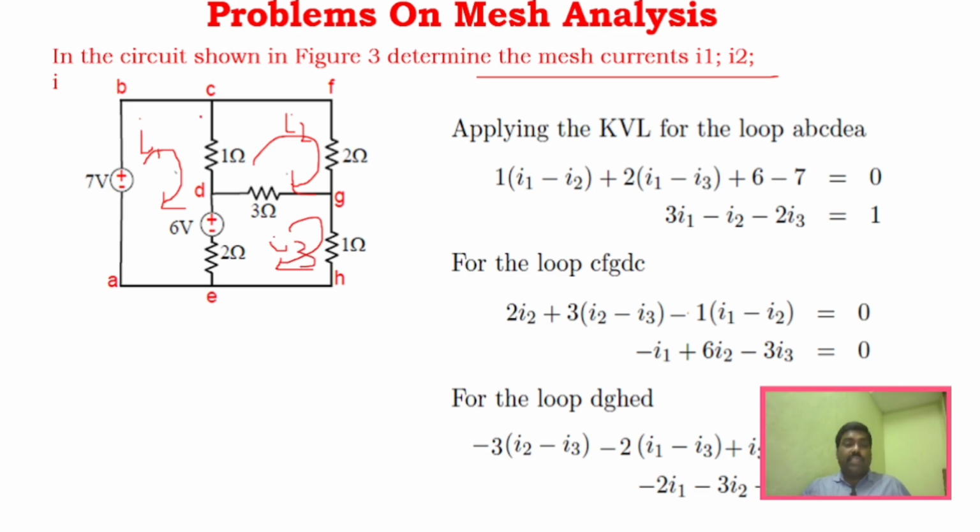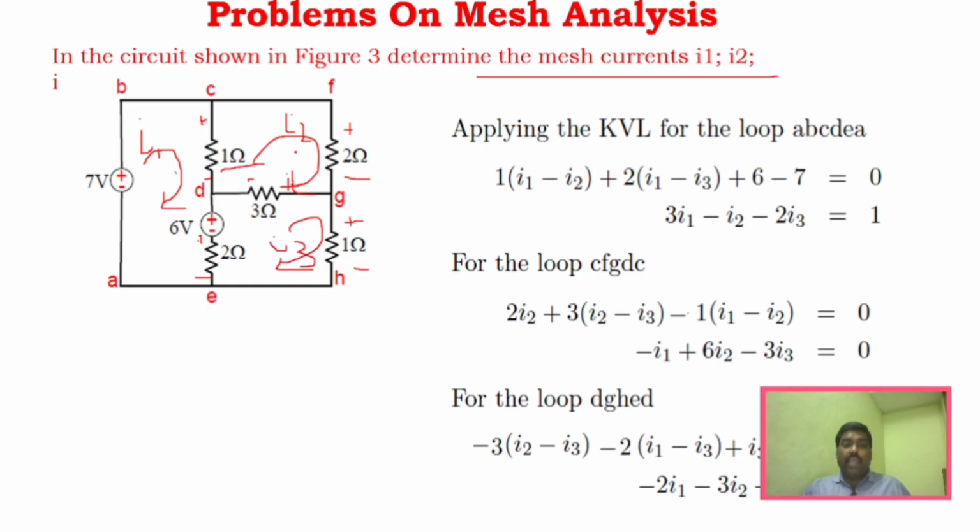So first we consider this as plus and this as minus. Similarly, this is plus, minus, and this is plus, minus, and this is plus, minus. So if you start with this particular mesh, it will be I1, right?